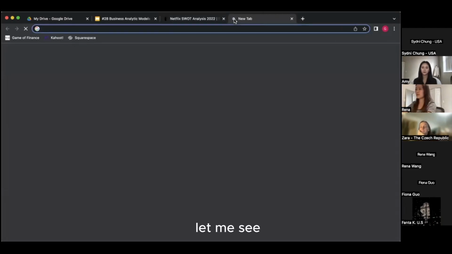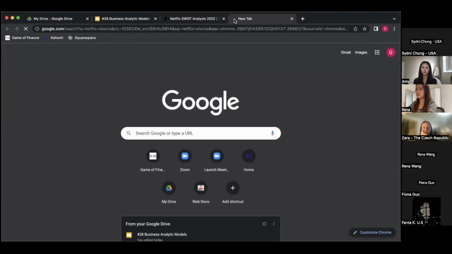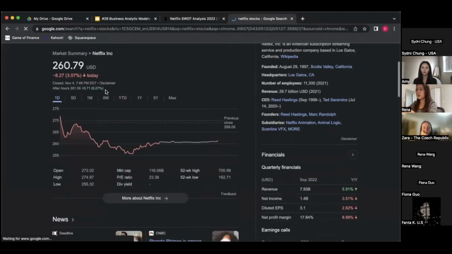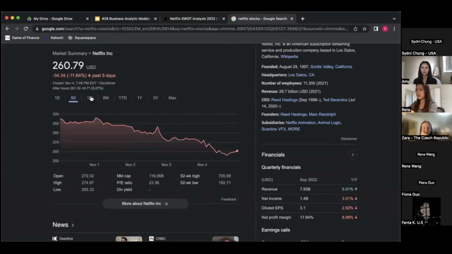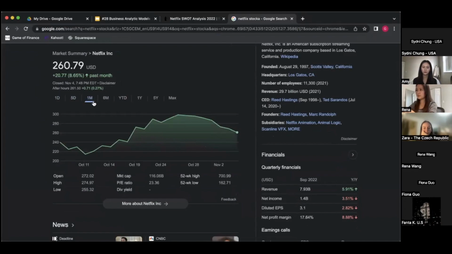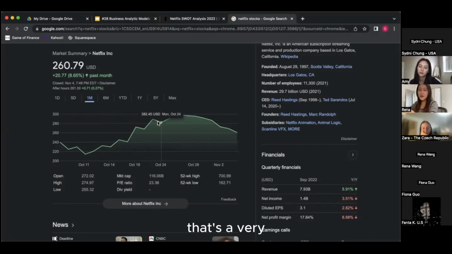Let me see. Okay, I think it was near here that it had raised all the way from $214 up to like $280. That's a very, very big increase.